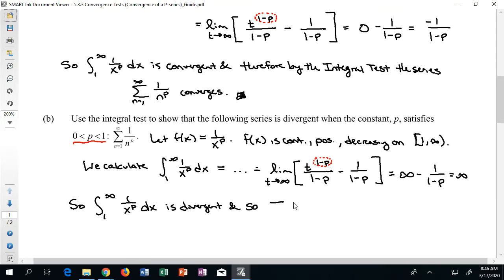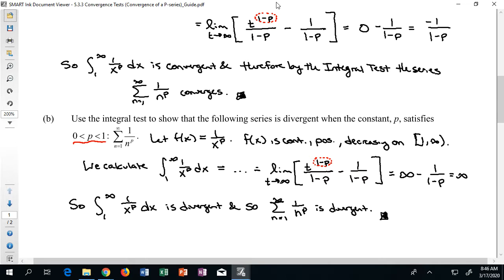And so our series is divergent. Okay. So this is great. We can start to almost completely classify, based on what the value of p is, what this series will do, this p-series.